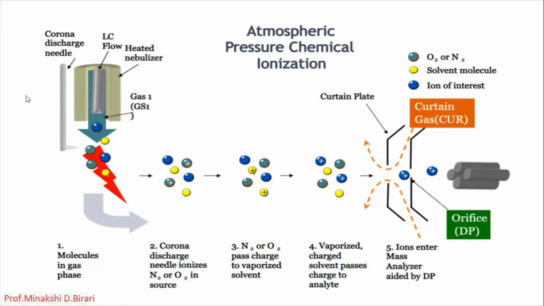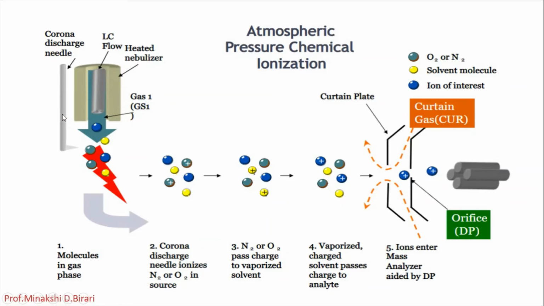The corona discharge electrode or corona discharge needle will ionize the solvent vapor molecules just like the production of primary ions in chemical ionization. Sometimes the analyte vapors may also be ionized by the electrode.